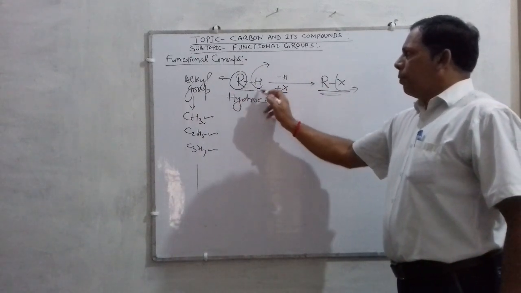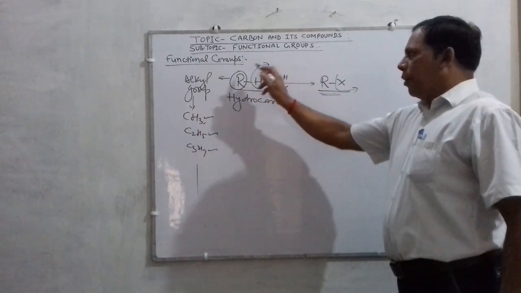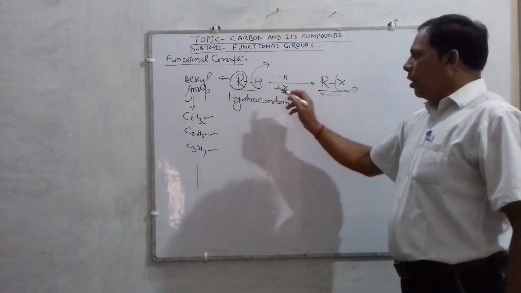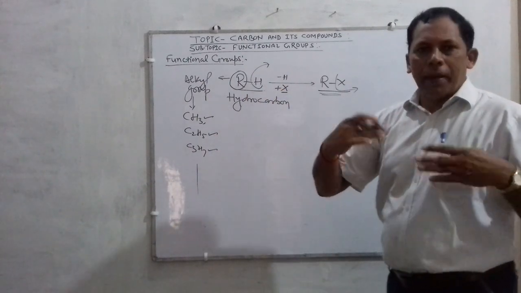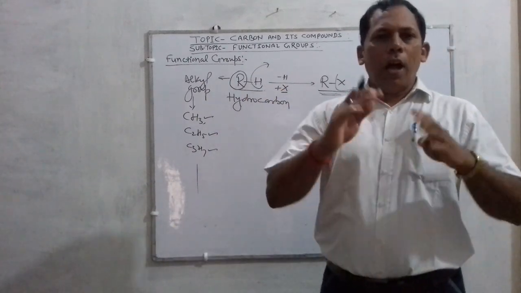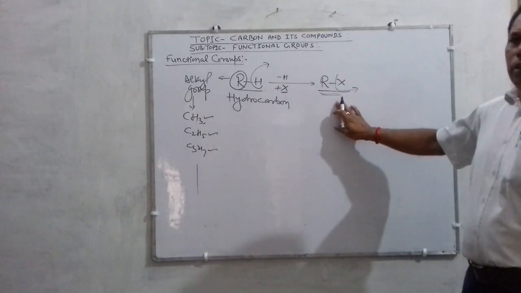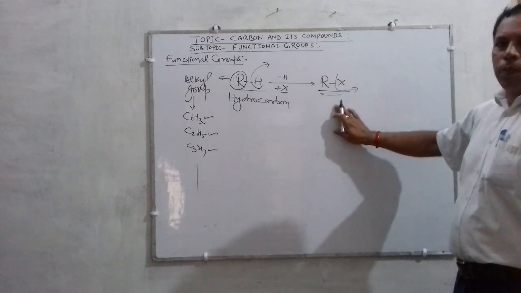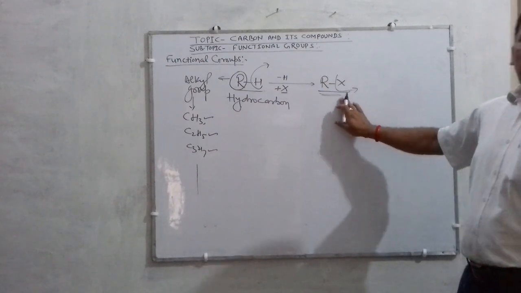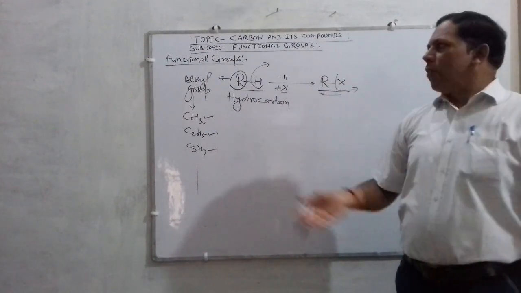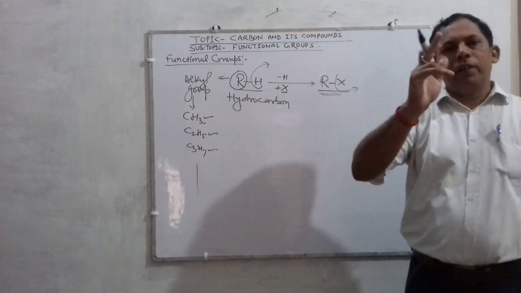It means, if the hydrogen present in a hydrocarbon is replaced either by a particular atom or by a group of atoms, the compound which is formed will contain a functional group, and that functional group will be responsible for the chemical property of that compound.